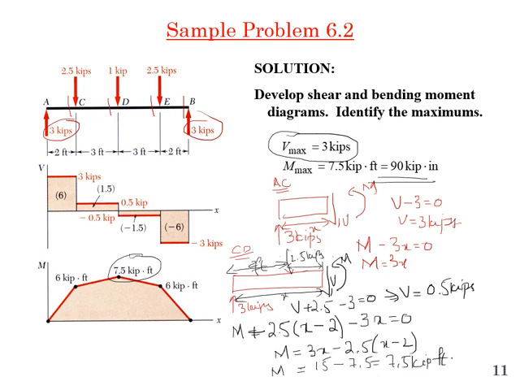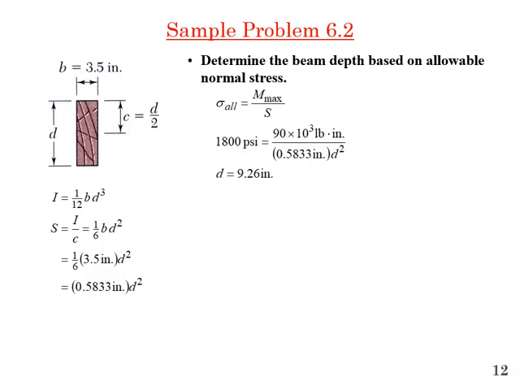Now, if we calculate sigma allowable, one by six b d squared is the section modulus for the rectangular cross section, or you can calculate sigma allowable is equal to M c max by I. You can calculate like this as well.